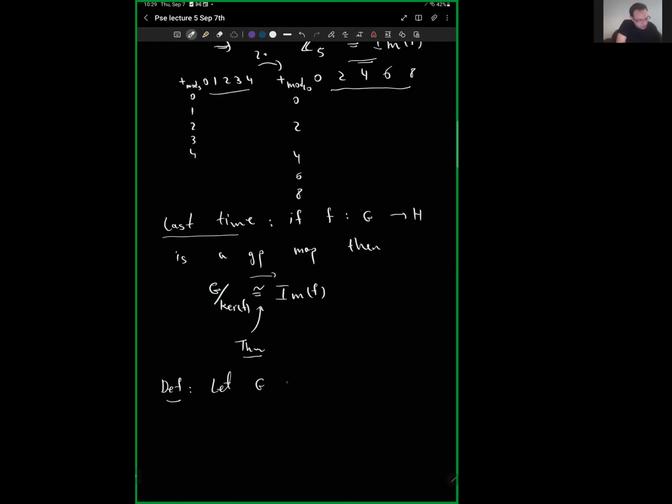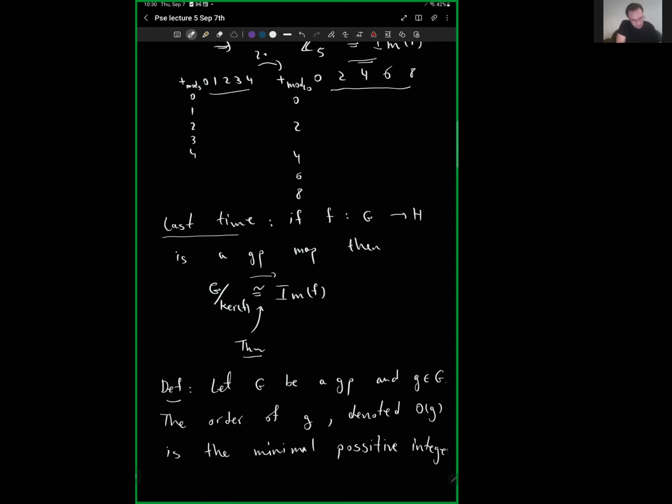So let G be a group, and g an element in this group capital G. The order of g, denoted o(g), is the minimal positive integer n such that g to the n is equal to e.